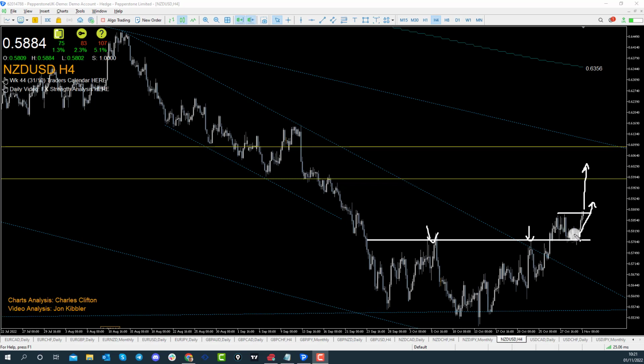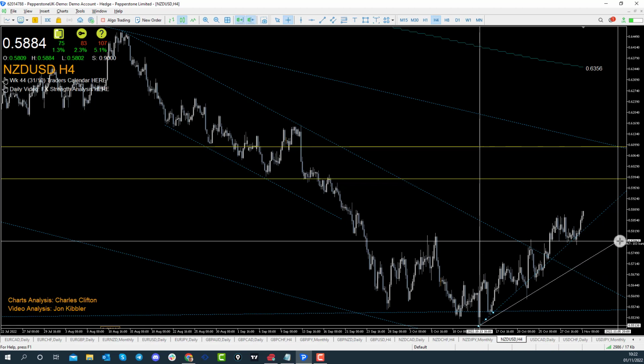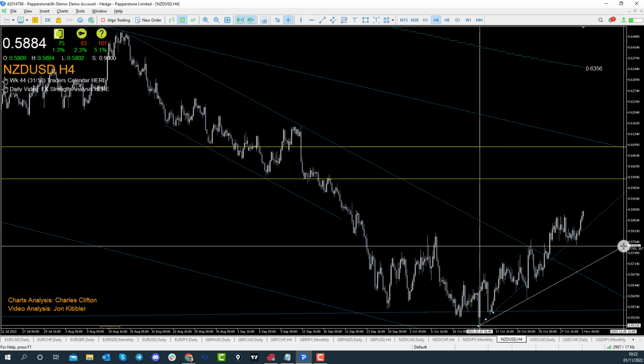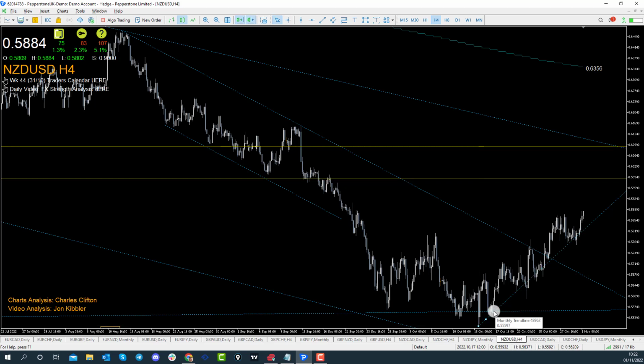Alternatively, you want to look for price to make another higher low, so price may want to come back and retest down through here. We could even potentially spot another trend line move through here. So I'm just having a little look. So we could argue that there's one here. However, price has stumbled through it a couple of times, but it has come back within.